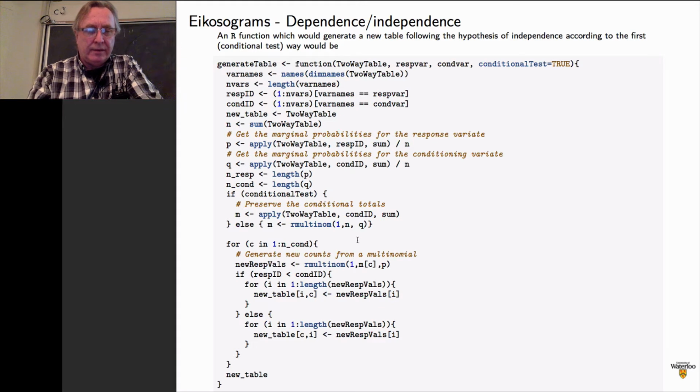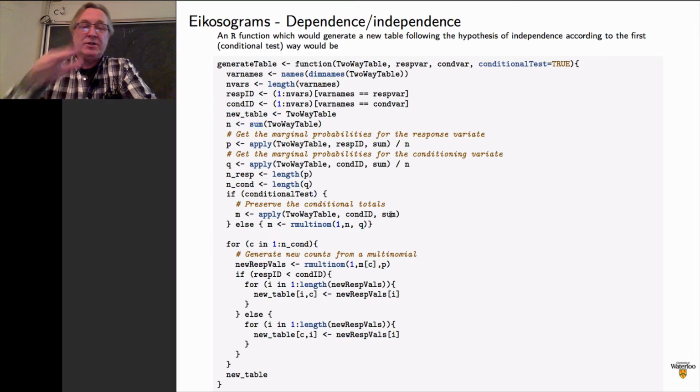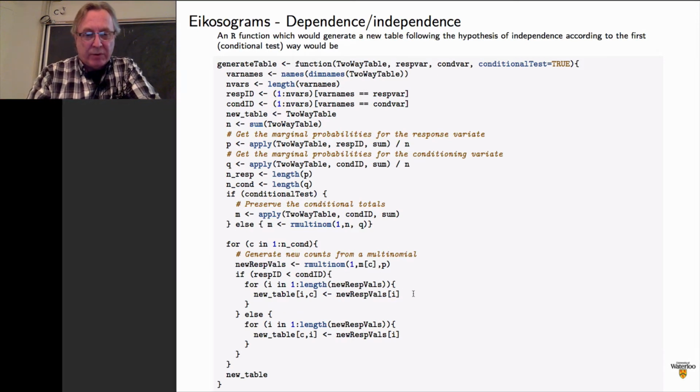And then if I'm going to use the conditional test, I need to generate new totals of each column. And now I'm going to go through and generate for whatever those totals are. So if I have the conditional test, I'm going to use the totals that are in the table.